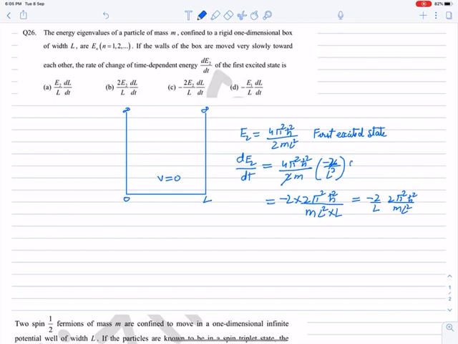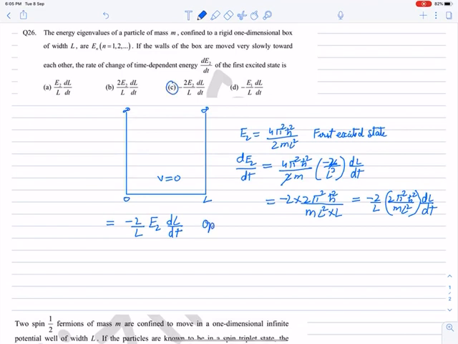And we should also use the chain rule, so it will become dL by dt. So this is minus 2 upon L E2 dL by dt, which is your answer C.